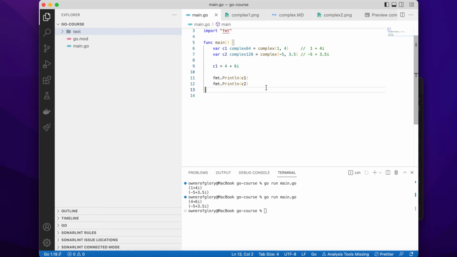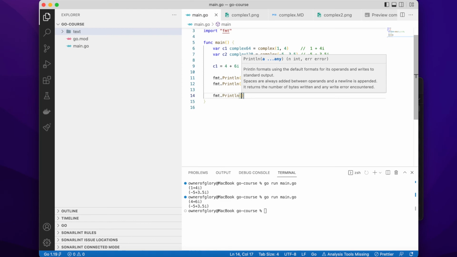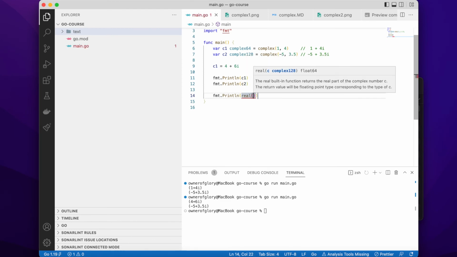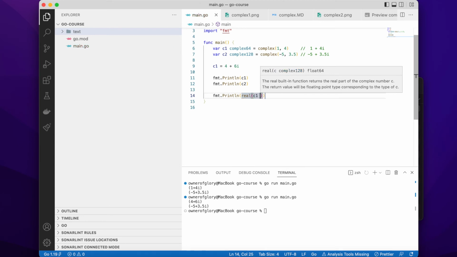Great. And the Go standard library also provides some functions to extract the real and imaginary parts of those numbers. Let's say, for example, I would like to print out the real value of C1, just of C1, because they have different data types.